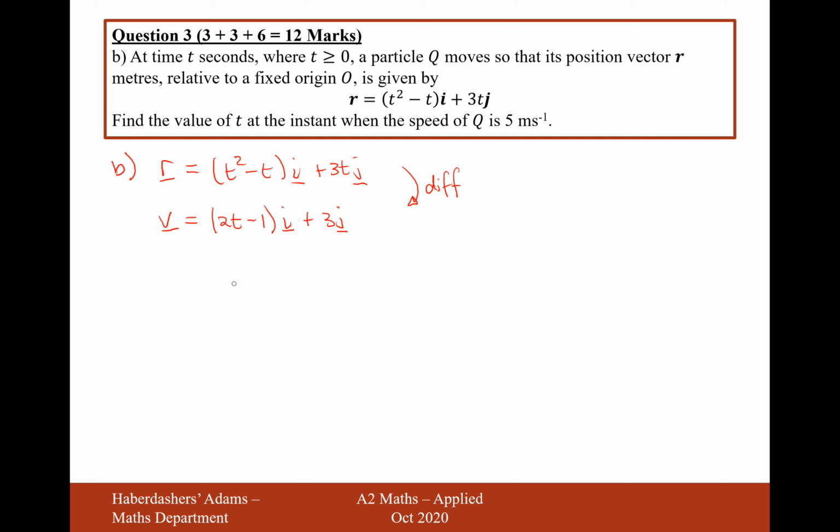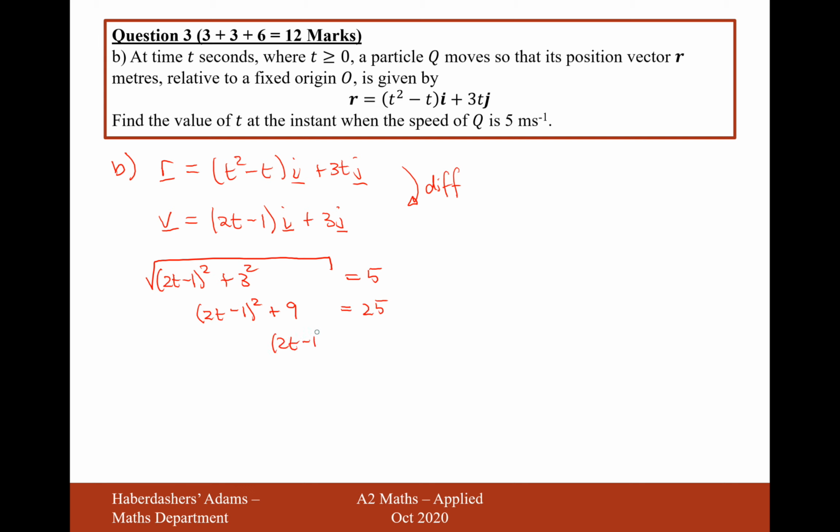So we want the speed to be 5, so we're now going to do the Pythagoras calculation: 2t minus 1 squared plus 3 squared equals 5, and now we're going to work out what t is equal to. So we'll square both sides, so it's going to be (2t minus 1) squared plus 9, because that's what 3 squared is equal to, equals 25.